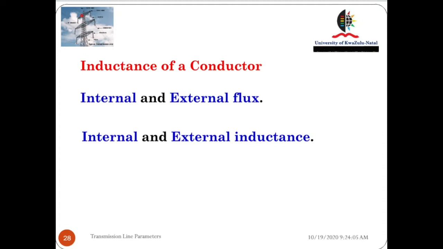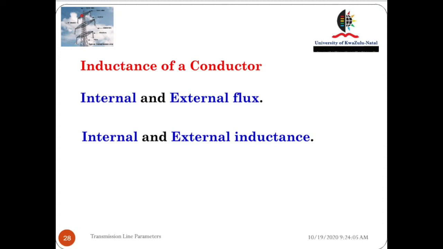Meaning if a conductor is carrying a current of I ampere, that current is going to cause flux linking, and of that there will be some internal flux and some external flux, and this internal flux does not link with the whole of the current in the conductor, but only a fraction of it.